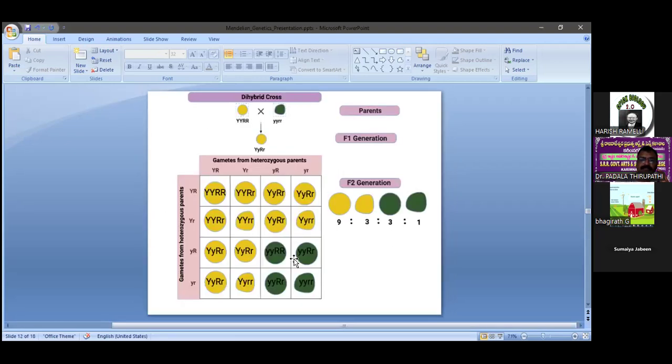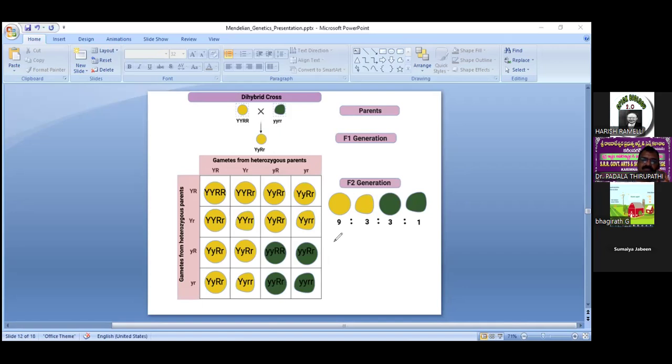So this is the Punnett square table for the dihybrid cross. Here we are getting a 9:3:3:1 ratio in the F2 generation. That is the phenotypic ratio, and the genotypic ratio is nothing but 4 2s and 4 1s. So we can easily remember the genotypic ratio for dihybrid.